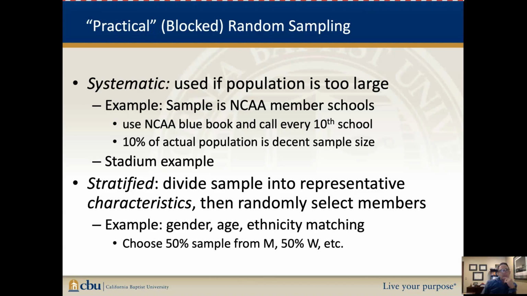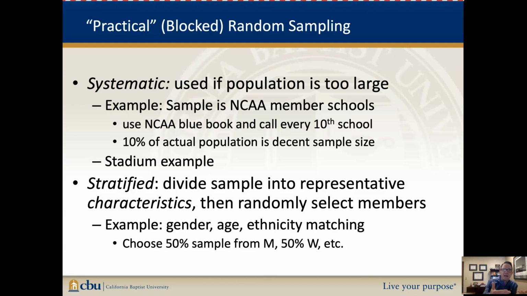So the first next best thing could be a systematic random sample. Let's say of the 15,000 student athletes in Southern California, we know all the universities where these student athletes play. So we might use the NCAA Blue Book and pick every 10th school or university in Southern California, and then send the survey to student athletes at every 10th school to participate.